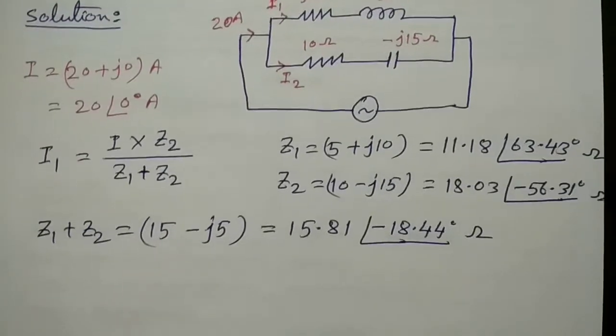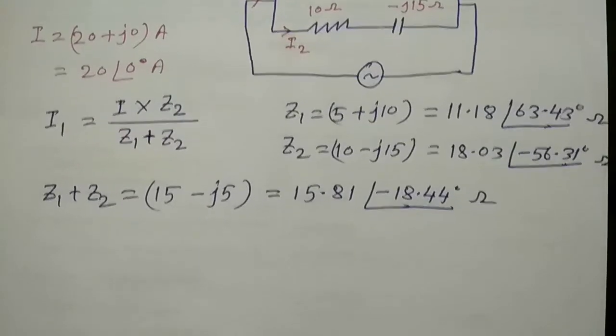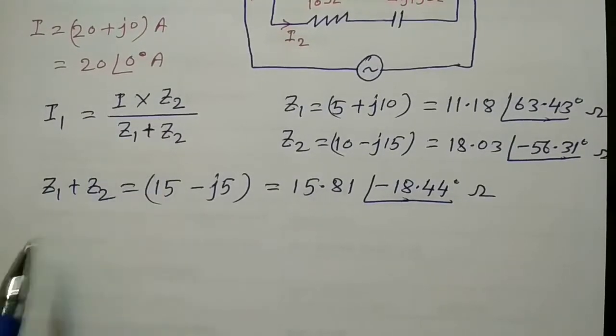Now come to the solution, that is the value of the current I1. It is I into Z2 upon Z1 plus Z2.